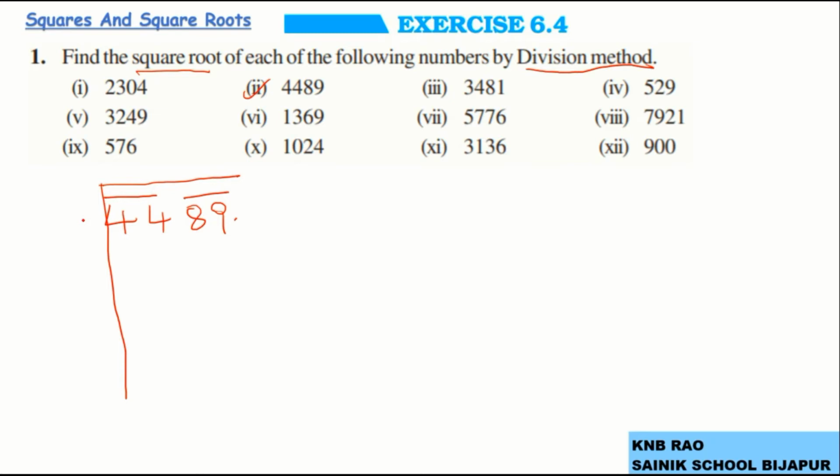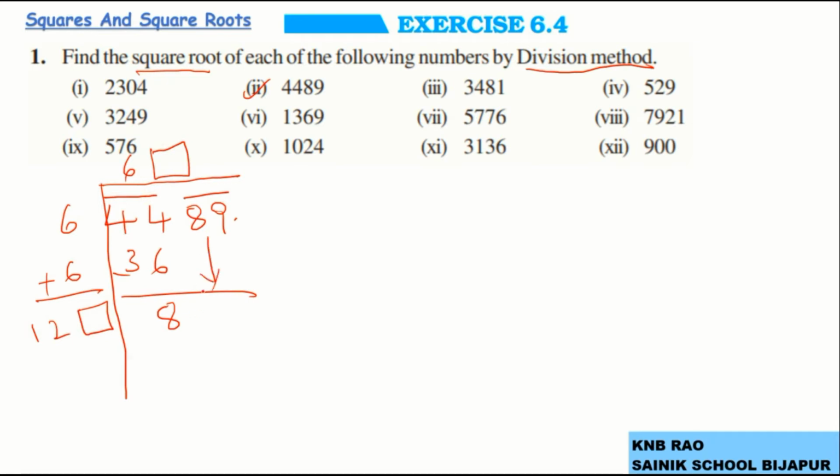It is very close to 36. 6 sixes are 36 and the difference is 8. Now we will add below and multiply above. That product we subtract from the leftmost pair. Now the sum of this is 12, and we will look for the units place digit, the next digit of the quotient.